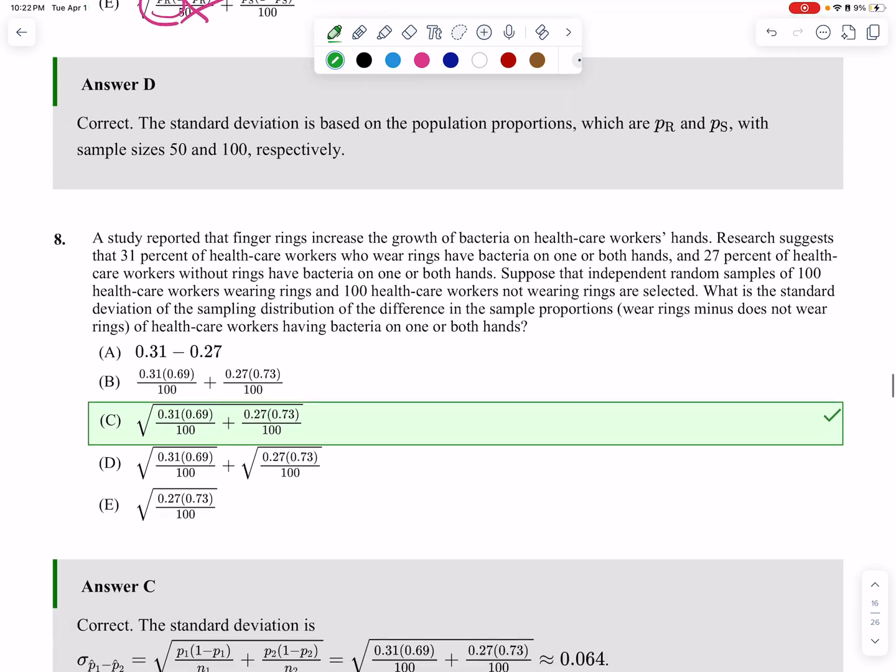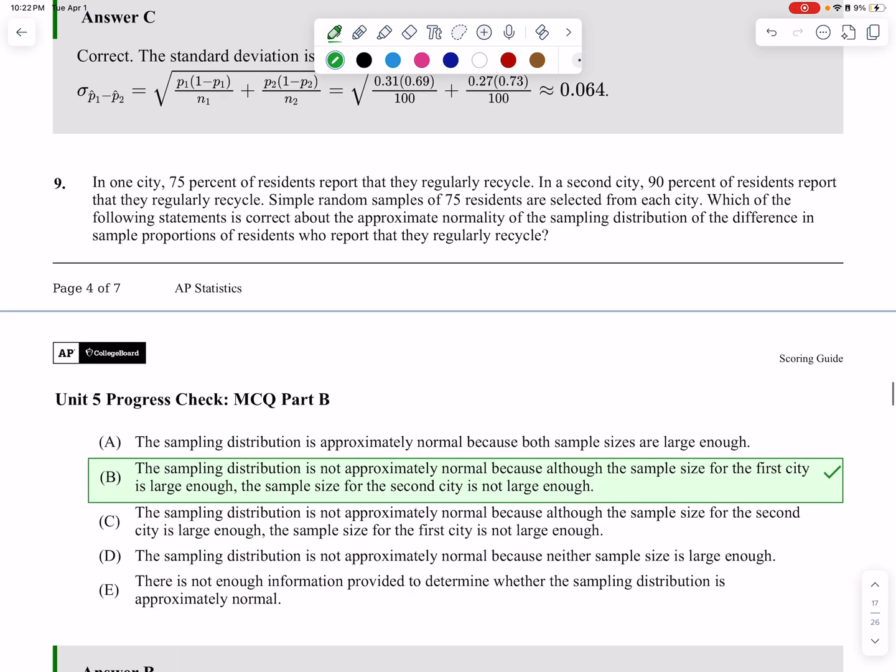Okay, we did 7, 9. This is asking for which of the following statements is correct about the approximate normality of the sampling distribution of the difference in sample proportions of the residents that report regularly recycle. Well, we have 75% of the residents that report that they regularly recycle, and we have 90% in the other city that regularly recycle.